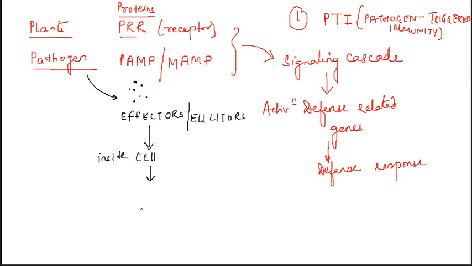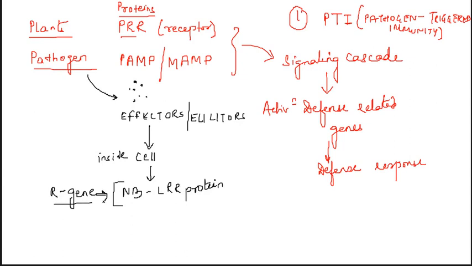Inside the cell, they will be detected by a specific type of protein known as nucleotide binding LRR protein. This LRR protein is produced by a gene named the R gene.